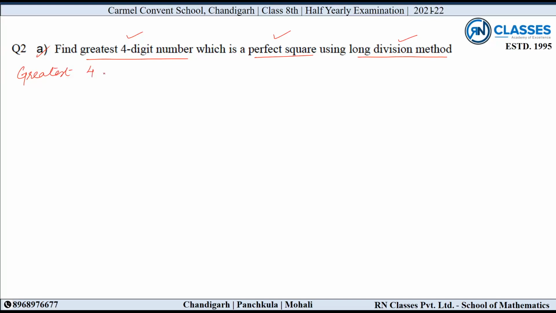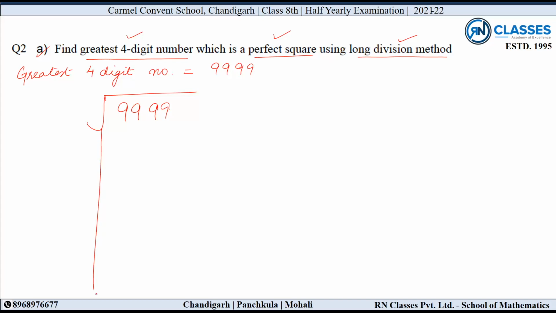Greatest 4-digit number is 9999. Is it a perfect square? No, it is not a perfect square. Let's make it a perfect square using long division method. So we'll do long division method.